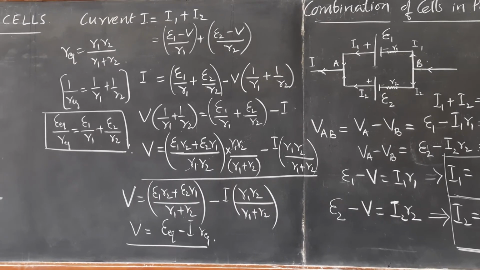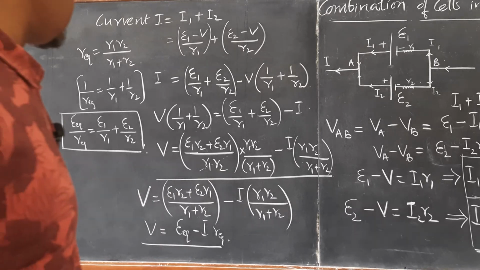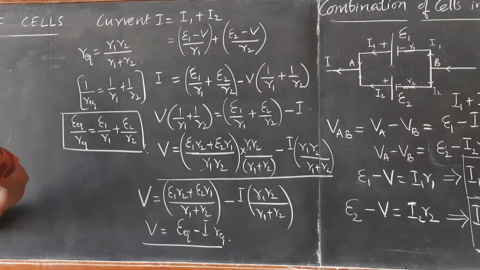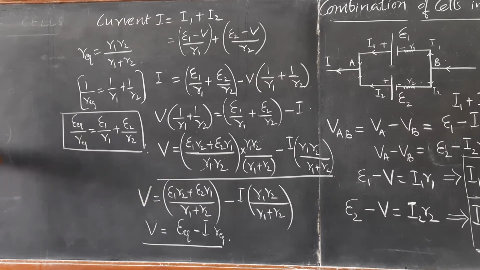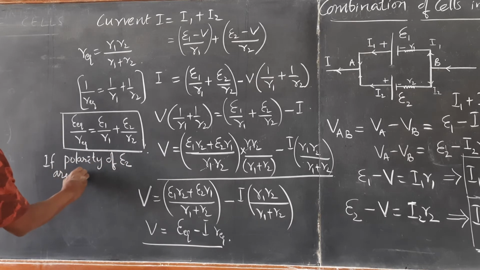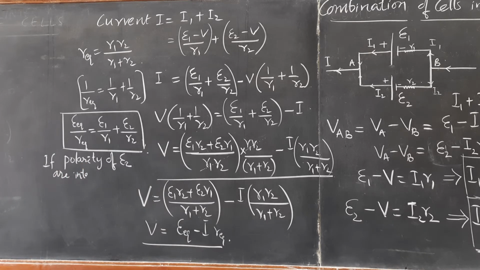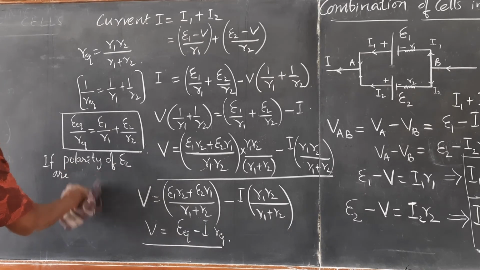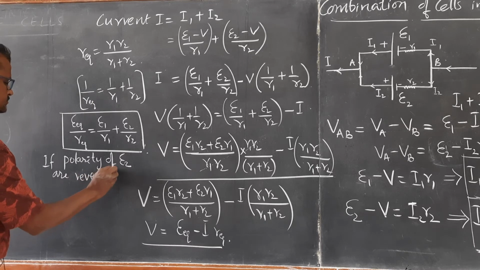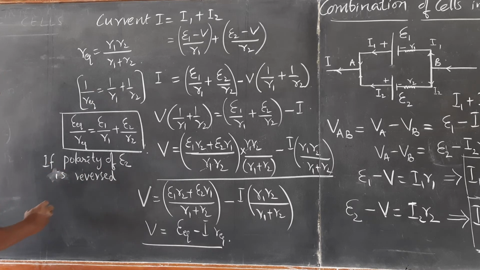In that case, when the cell's terminals are interchanged, if the polarity of E2 is reversed, then E2 becomes negative.